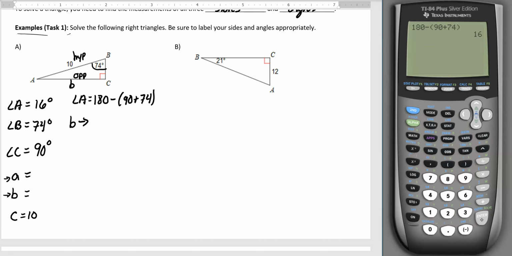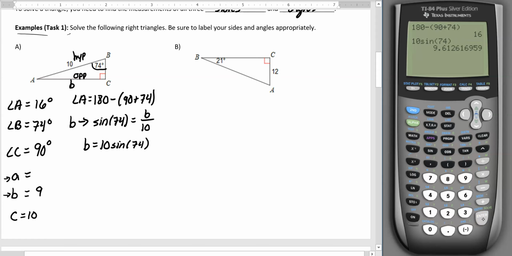So we can use trig, specifically sine, to figure out our side length for B. I'm going to say the sine of 74 equals opposite B over hypotenuse 10. Multiply both sides by 10. Now B equals 10 times the sine of 74. Let's put that in our calculator: 10 sine 74, and we get 9.61. Let's round to the nearest hundredth, so B equals 9.61.